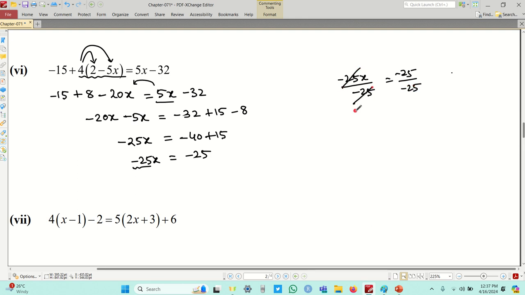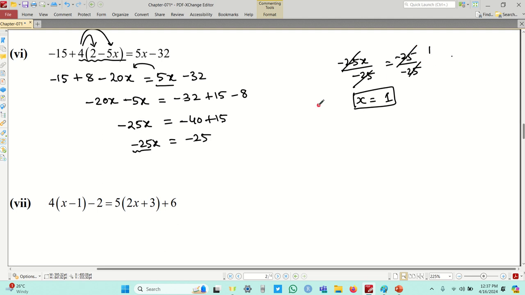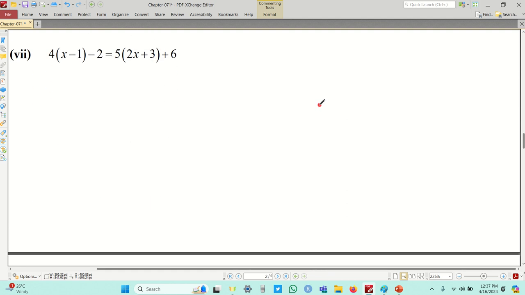Now this cancels with this, so x is equal to, and here also the same, minus 25 divided by minus 25, so the answer is 1, because this cancelled with this. So 1 is the answer of this question. Okay, so please practice these types of questions, because you will get 2 marks questions in your quiz and in your final examination from these things.